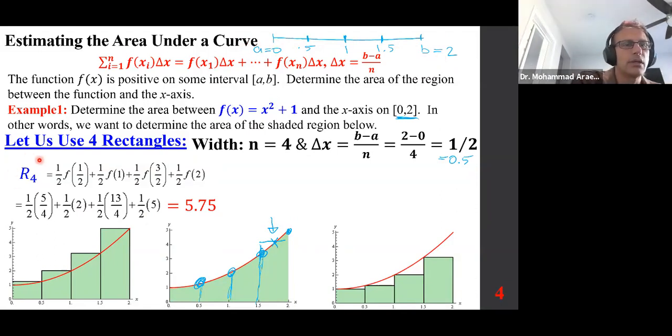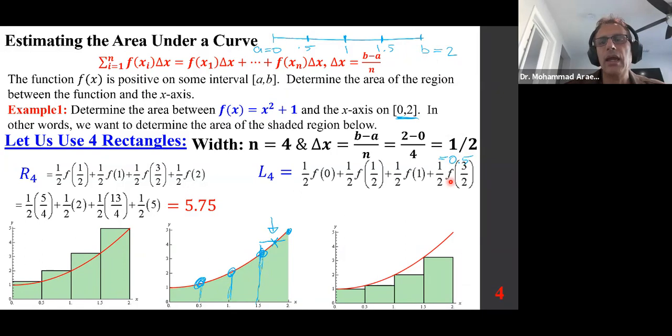For the right endpoints, we don't use the A. For the left endpoints, we do not use the B. The width is fixed at the same number, delta x equals (b minus a) over n, which is 0.5 or 1/2. And for the height, we use the functional value at all of these points except 2.